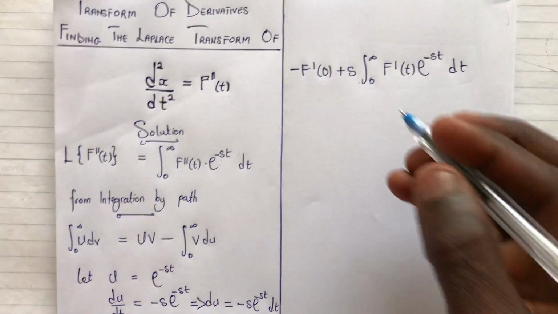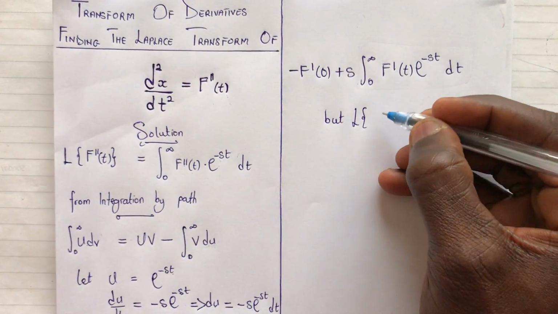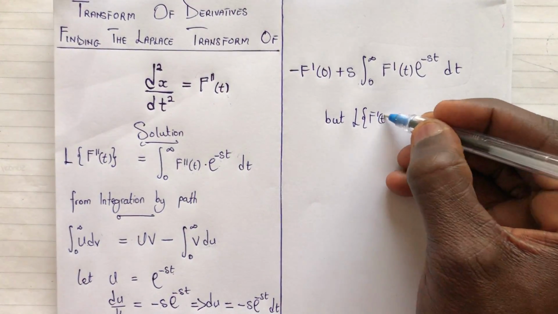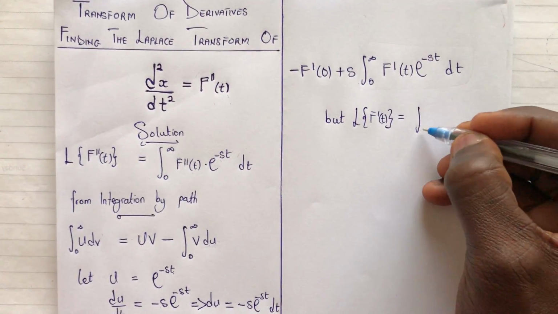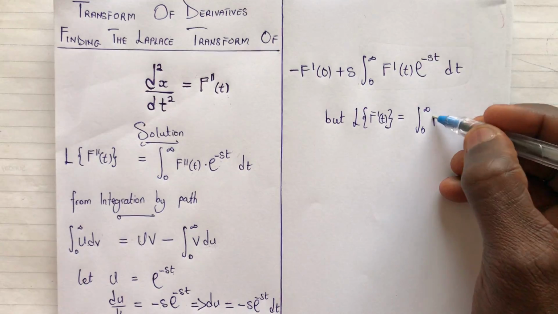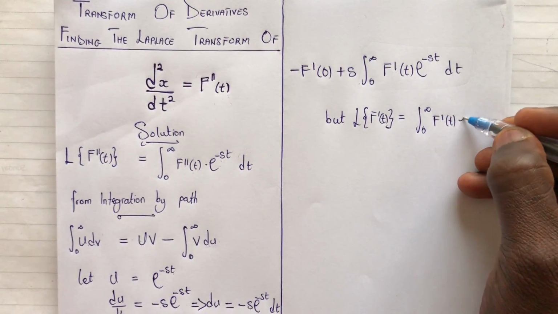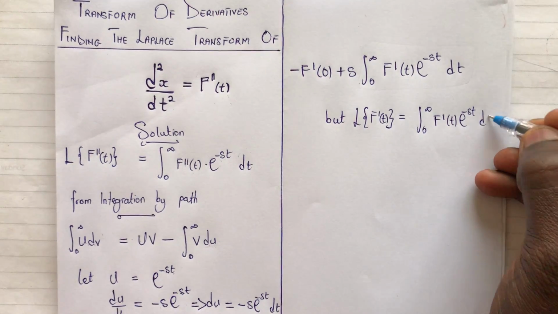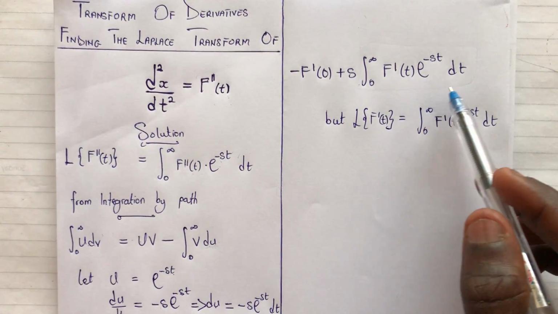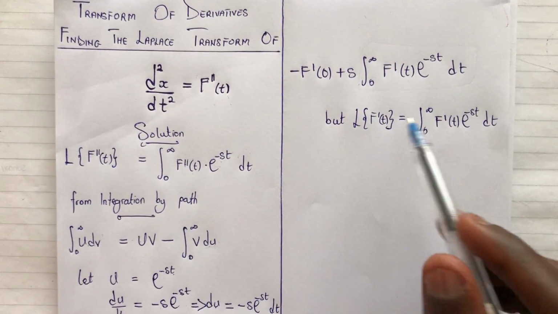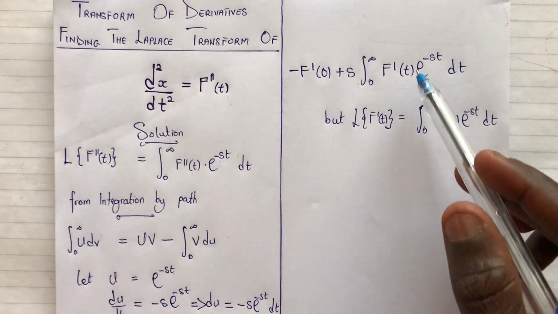So we can write something like, Laplace transform of this f bar of t is equal to integral from 0 to infinity f bar of t e^(-st) dt. Okay, so we represent all this side with this one to make it simple. So let's substitute this one.